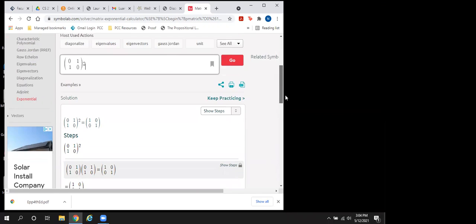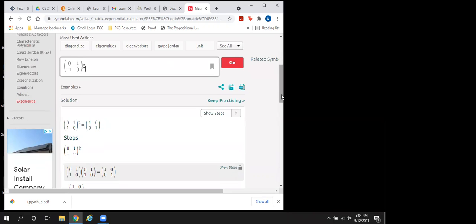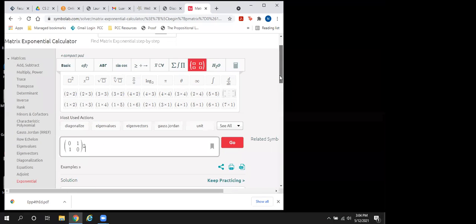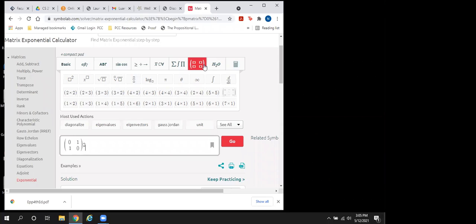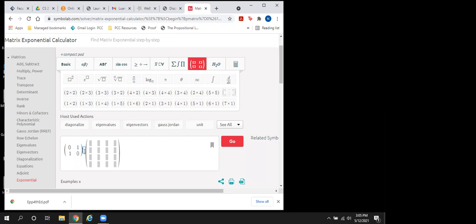Okay, cool. So let's make a bigger one. I want a 4x4 matrix. Okay, here we go, 4x4, raised to the third power, and let me put the entries in from our paper.